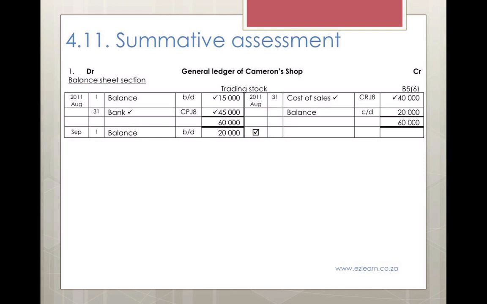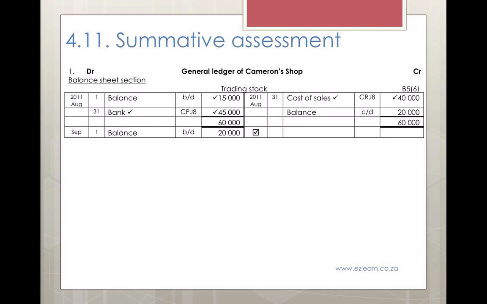On the debit side, on the 2011 August the 1st, you would have balance brought down 15,000, tick. On the 31st, bank, tick, CPJ 8, 45,000, tick. On the credit side, for the stock that was sold, 2011 August the 31st, cost of sales, tick, CRJ 8, 40,000, tick.